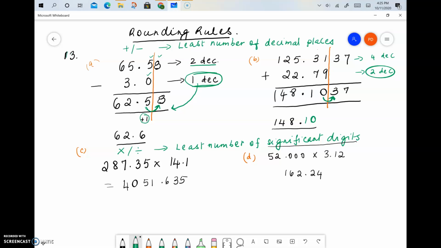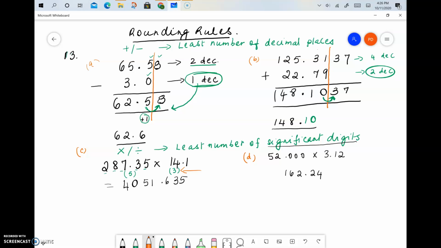So the number of significant digits in the first number is 1, 2, 3, 4, 5. So all digits are significant. So there are 5 significant digits. 1, 2, 3. There are 3 significant digits in the second number. So the least number of significant digits is 3. So our final answer must have 3 significant digits.